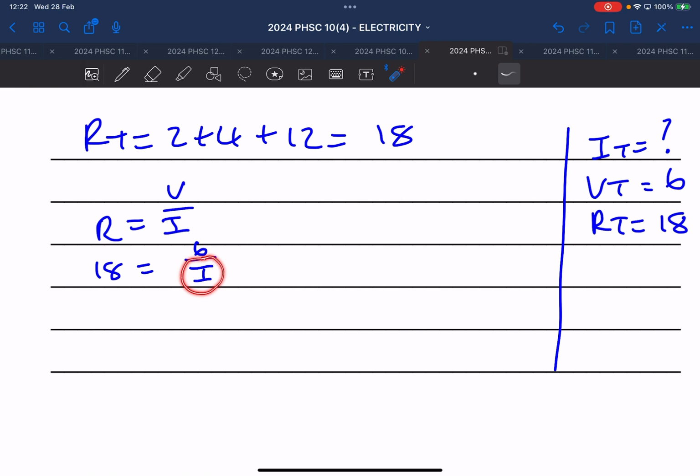You don't want it there. How are you going to get rid of it? Okay, and then? What are you going to do with the 18? So you say basically we have I times 18 gives you 6.